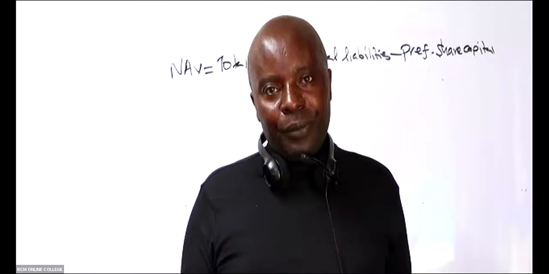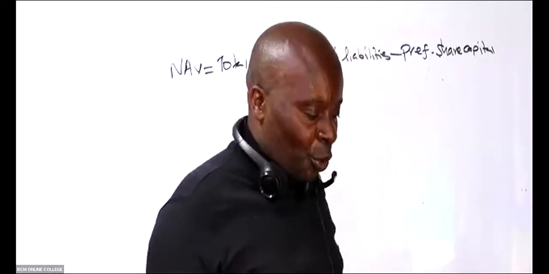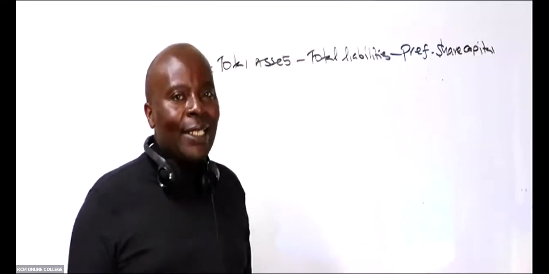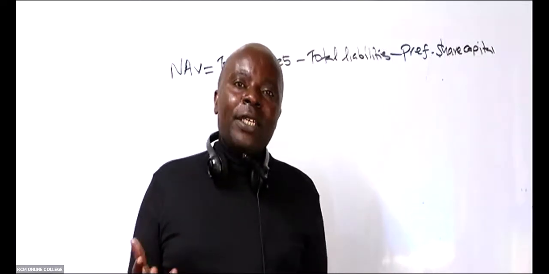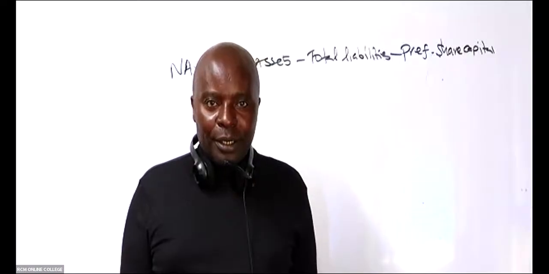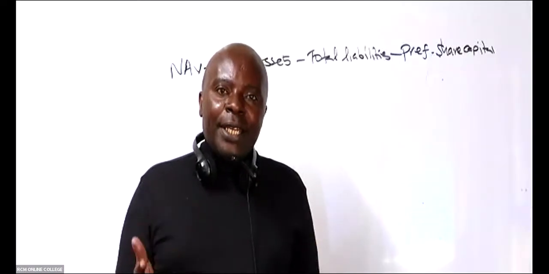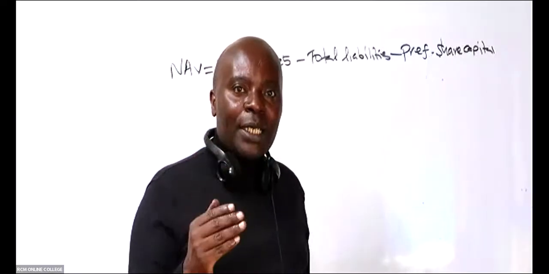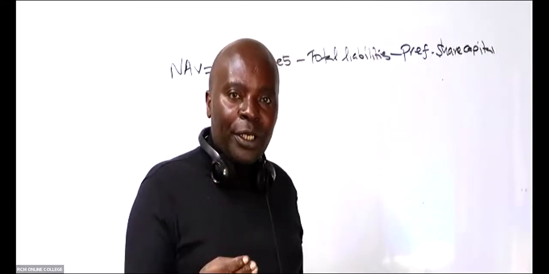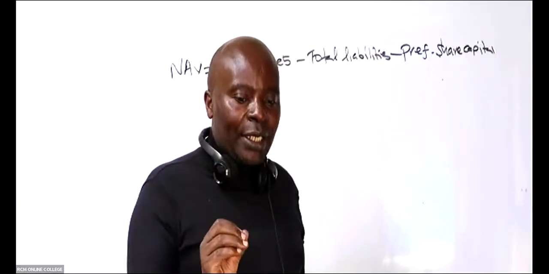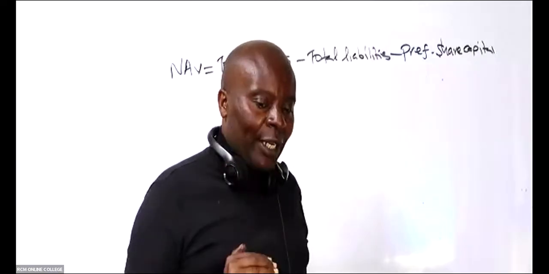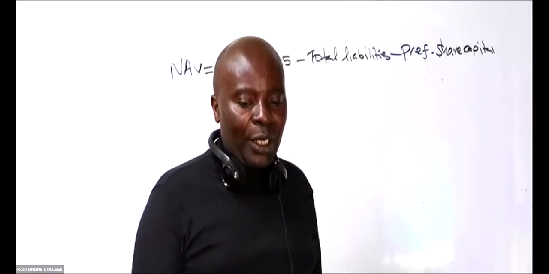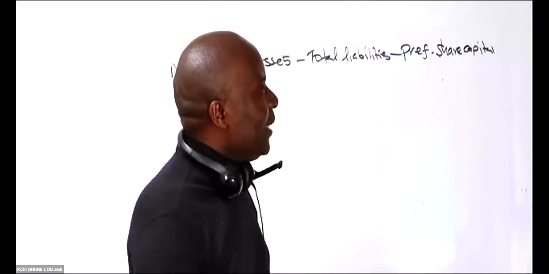Goodwill, as part of assets: by the time you are selling this asset, it will not have any goodwill. In this case, any intangible assets will always be subtracted. So whenever they talk of patents, trademarks, goodwill, intangible assets, whenever I'm getting net asset value, intangible assets must always be deducted.